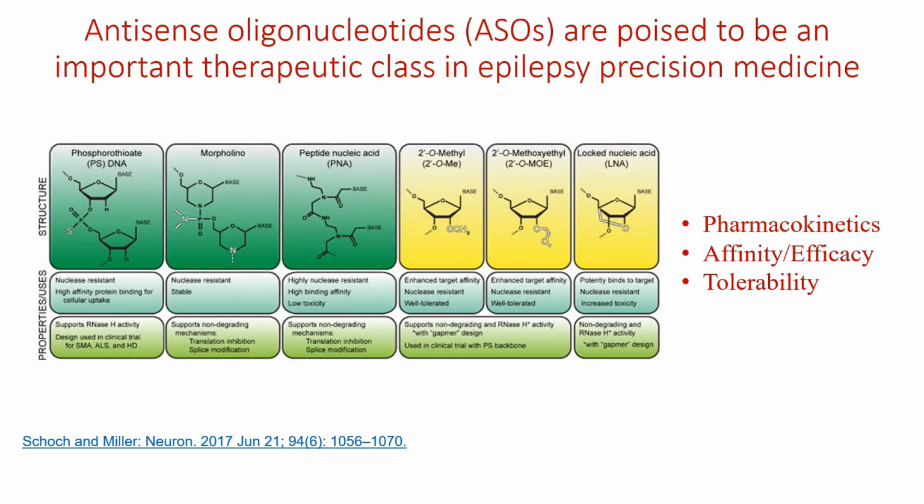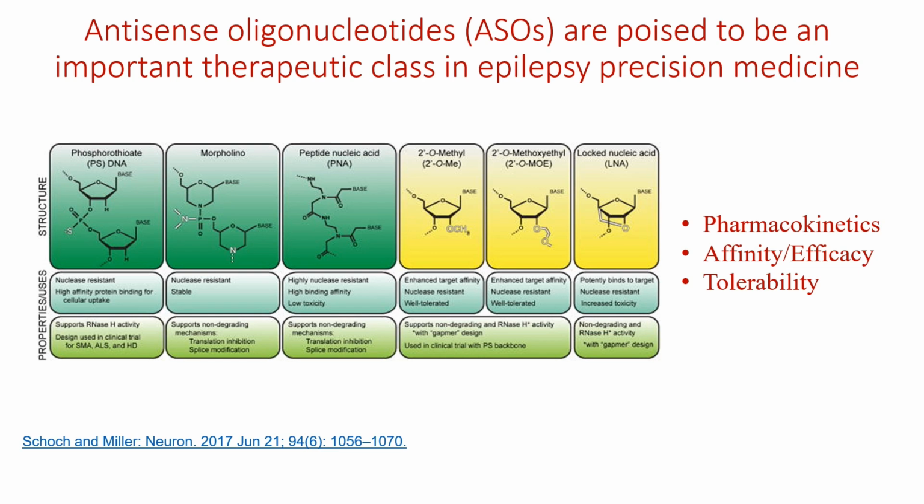If you look in the general toolbox of gene therapy, antisense oligonucleotides are one particularly important class of therapeutic molecule for epilepsy and developmental and epileptic encephalopathies in particular. These are artificial DNA molecules that have been chemically modified.